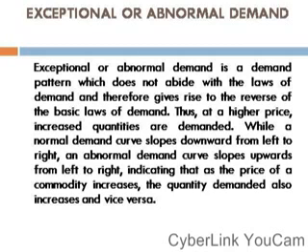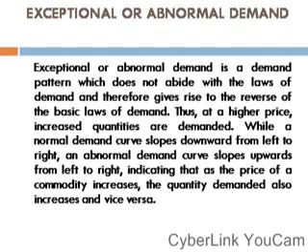Thus, at a higher price, increased quantities are demanded. While a normal demand curve slopes downward from left to right, an abnormal demand curve slopes upward from left to right, indicating that as the price of a commodity increases, the quantity demanded also increases and vice versa.